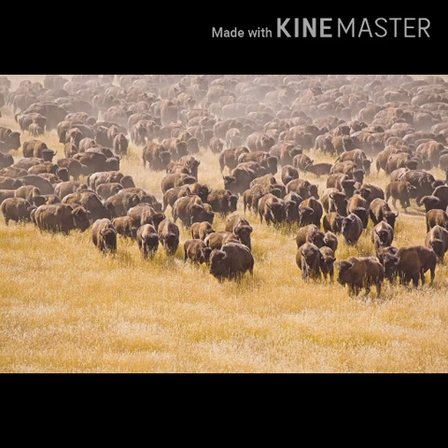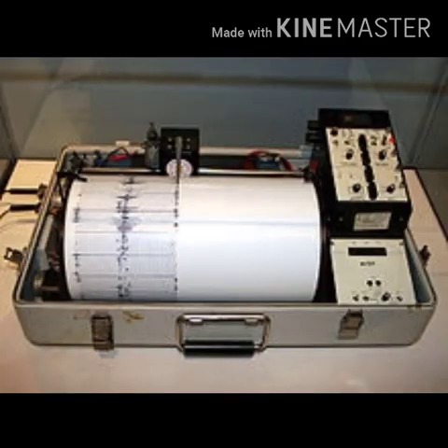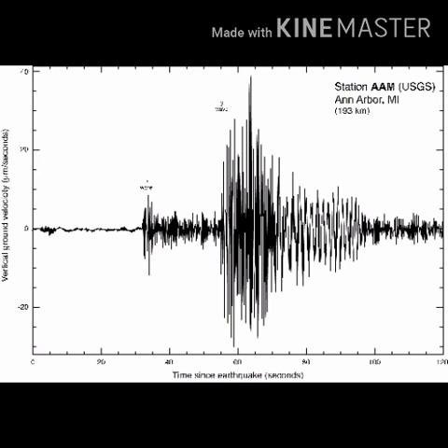Next, measurement of earthquakes. An earthquake is measured with a machine called seismograph. The magnitude of the earthquake is measured on the Richter scale. An earthquake of 2.0 or less can be felt only a little.